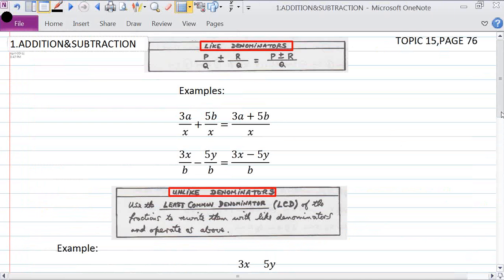Now we're going to do addition and subtraction. This symbol means plus or minus. So if I have p over q plus or minus r over q, the denominators are the same here, so I can just add or subtract, whichever is required, the numerators. The denominators are the same, so they're like denominators.